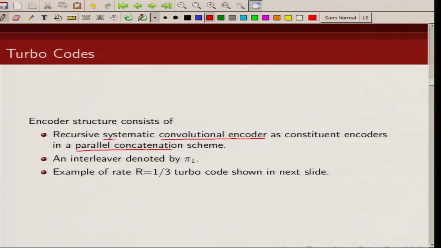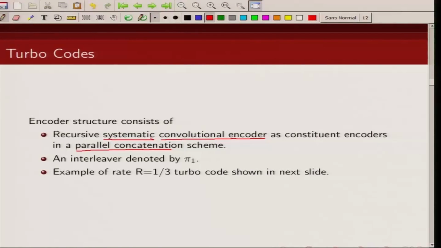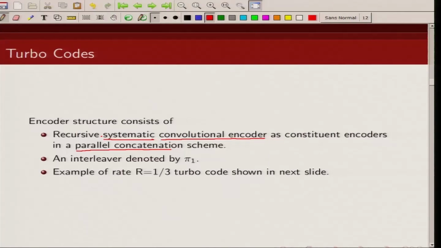Next thing to remember is, we are using systematic convolutional encoders. Why are we using systematic convolutional encoders? When we talk about the convergence properties of turbo code, we will mention that systematic encoders have better convergence property under iterative decoding algorithm, and that is why the initially proposed turbo codes use systematic convolutional encoders.